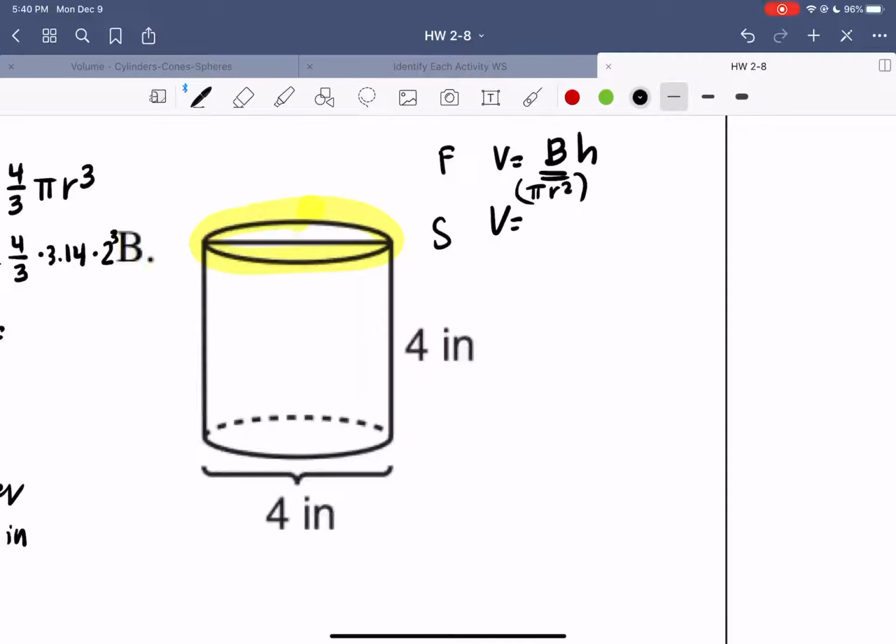When we substitute in, we're going to have 3.14 times our radius. Again, they gave us the diameter, so our radius is actually only half of this. We're going to have 2 squared times our height, which is 4. Go ahead and you can find your solution there.